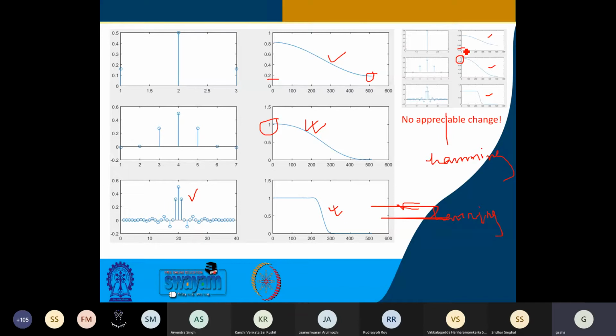Good observation. It is because of the difference in the scale. Had we plotted it up to 0.2 over here, it would have been more prominent. Otherwise this gap looks more or less same, but actually the scale, these indices, are different. Otherwise the shapes are more or less same, the stop band part, etc. Good.